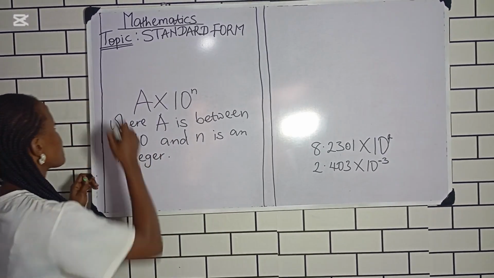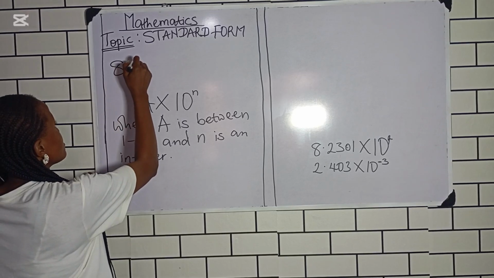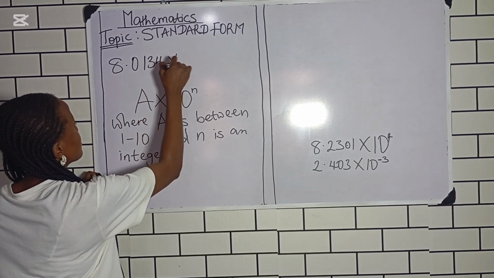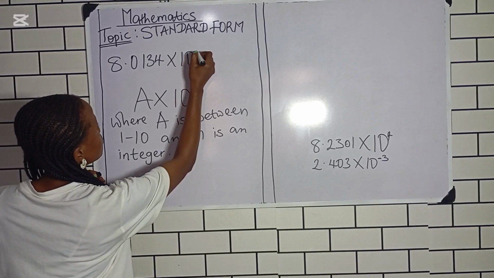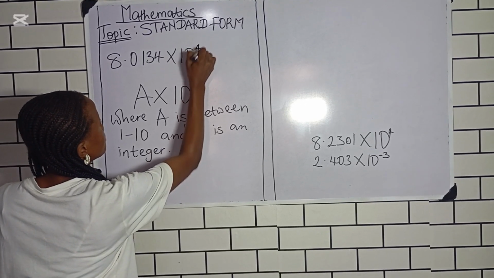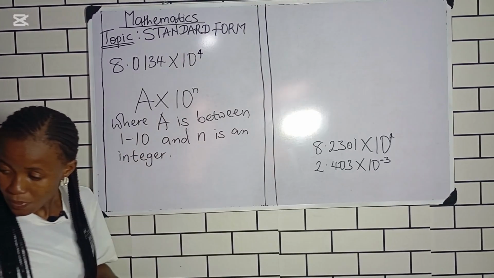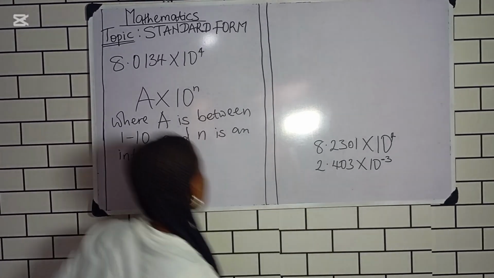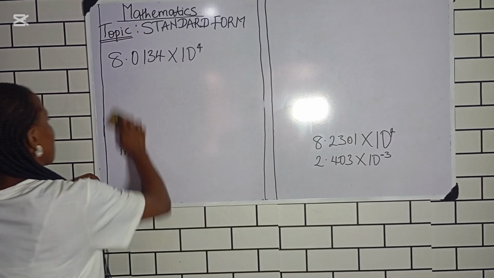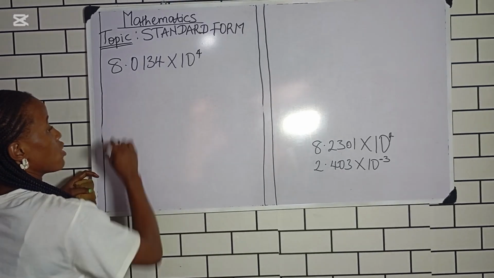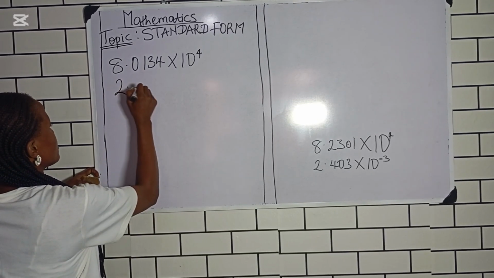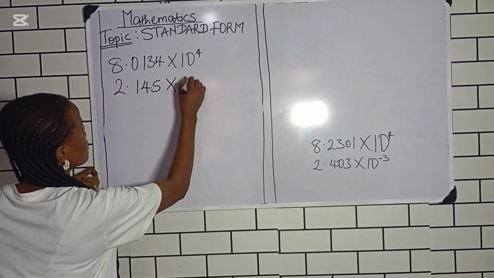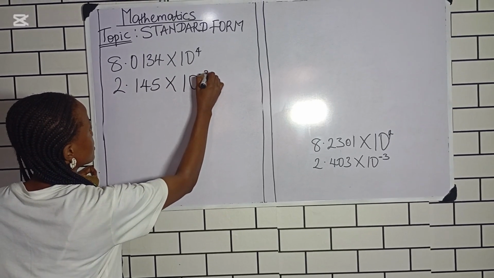For instance, 8.0134 times 10 raised to power 4, or let me say 2.145 times 10 raised to power minus 3.